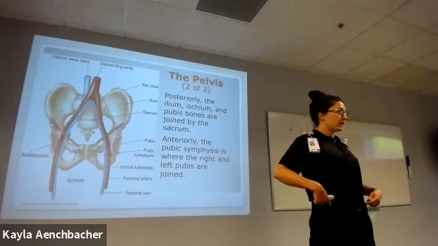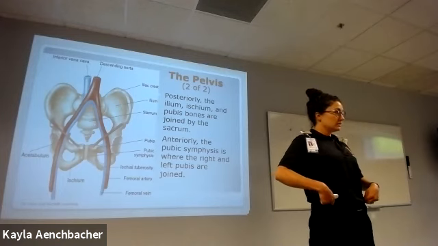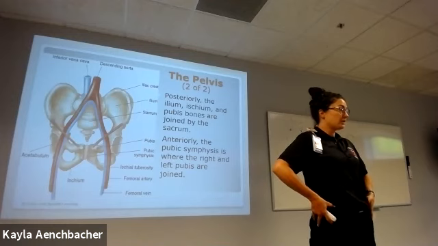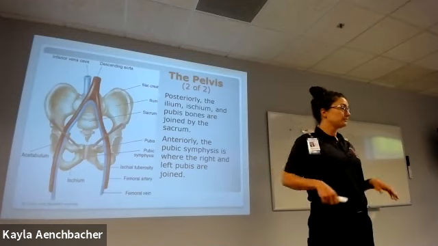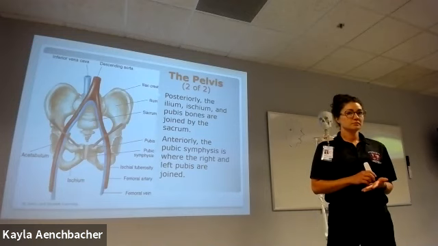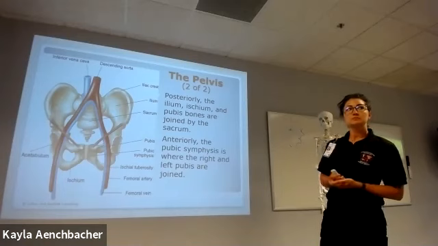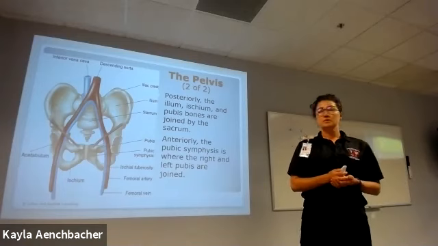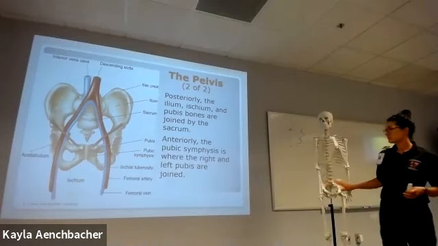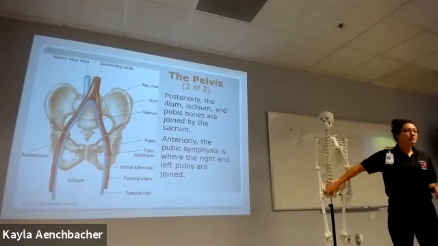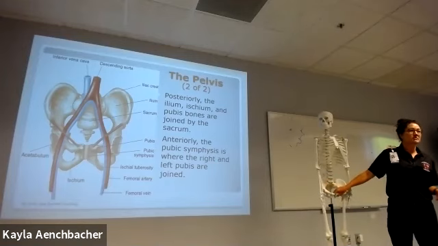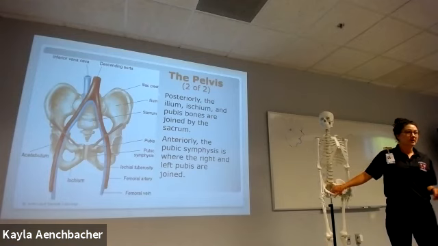So the iliac crest, like what you can actually palpate, what you can feel right there. So the pubic symphysis, oh no, the pube is part of the bone right here. This is just going to be the anterior part where they come together.